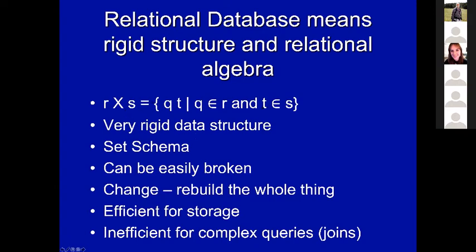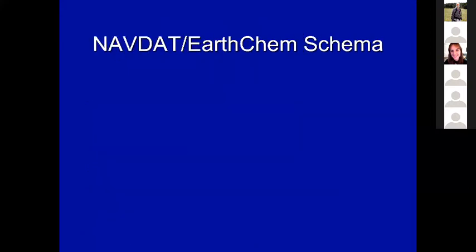Basically you're writing out equations that tell you what to do with the data and what to do with the various entries. This is really rigid. It's very hard to change. It can easily be broken. You can break relations between the two of them. And the schemas tend to become really pretty large and sometimes unwieldy.